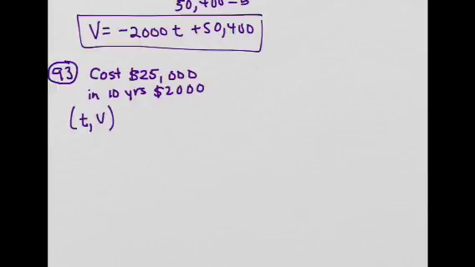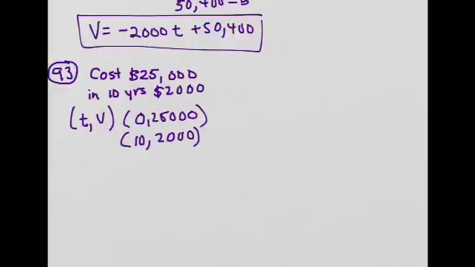So time, when they first bought it, that was year 0. That's when they first got it. So that's going to be (0, 25,000). And then in 10 years, it's going to be worth 2,000. So here's an ordered pair, and this is going to give us a slope.